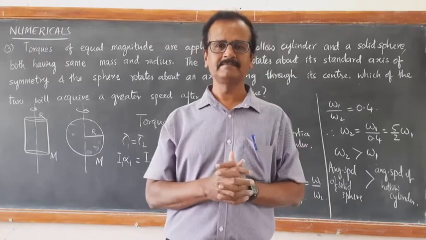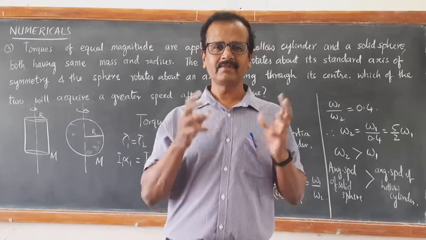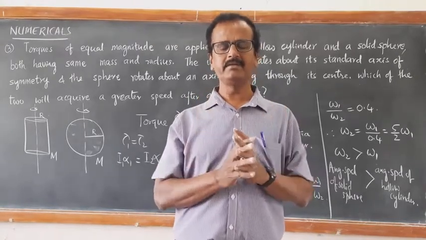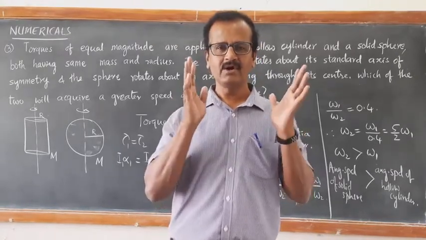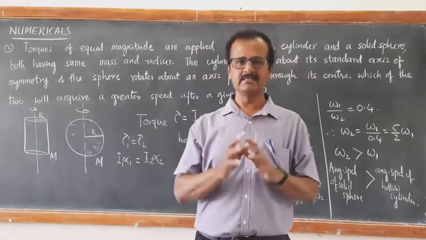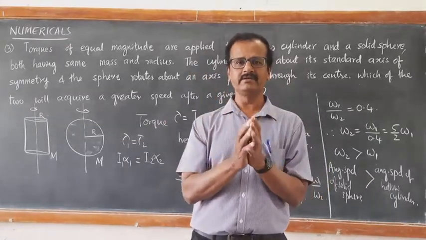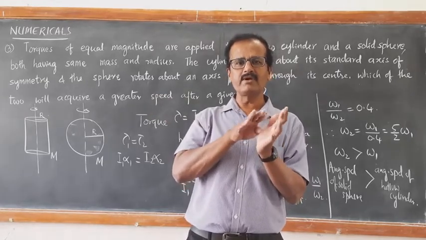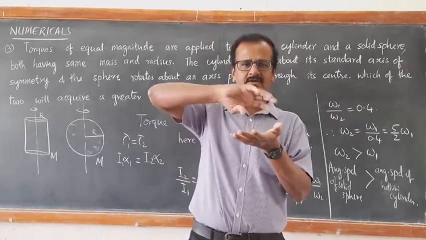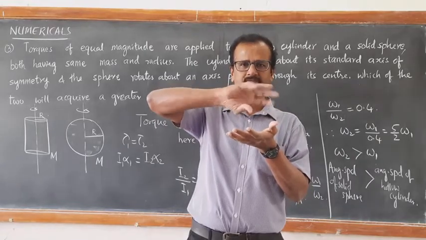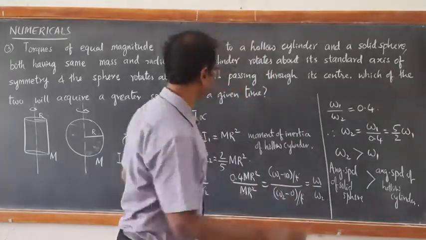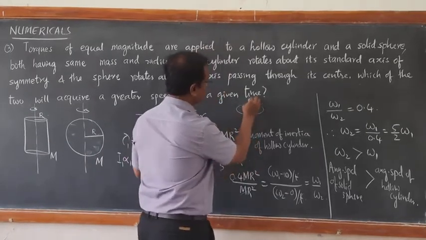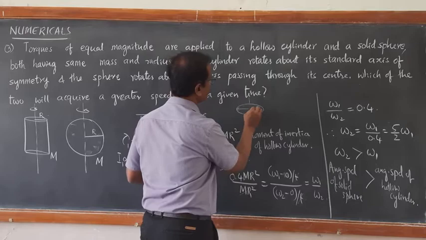What is the reason? In the case of the raw egg, since it consists of fluid, when you set it into rotation, the fluid that is there inside this egg will be moving away from the axis of rotation.